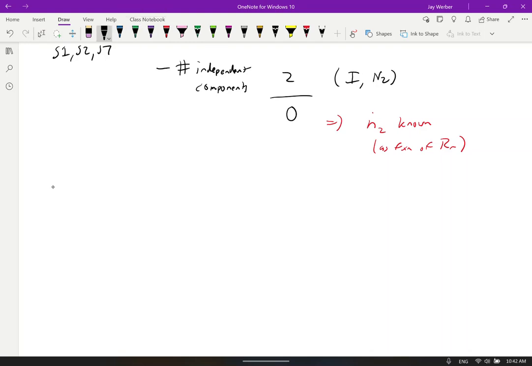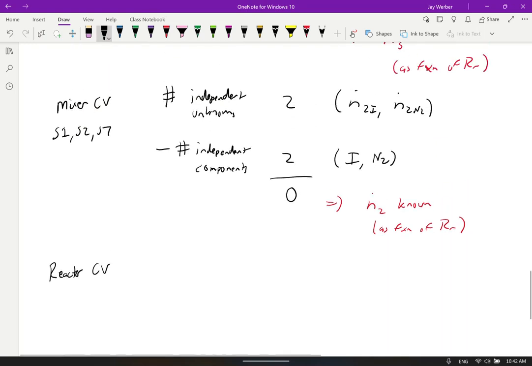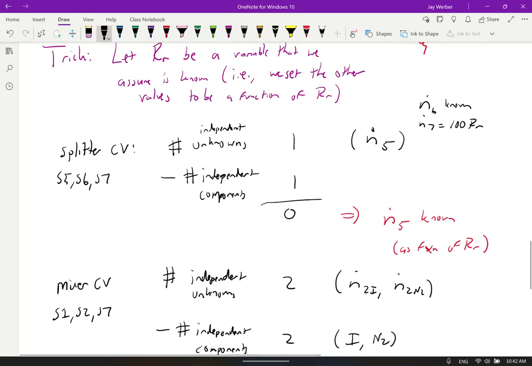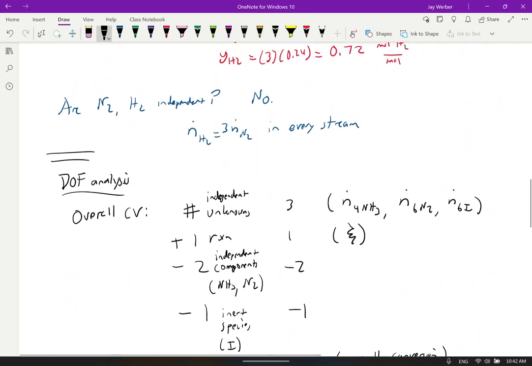So let's do the reactor CV. So the number of independent unknowns is 4, right? So now we're going to finally try and solve for the recycle ratio. We're going to try and solve for N3 I, correct?